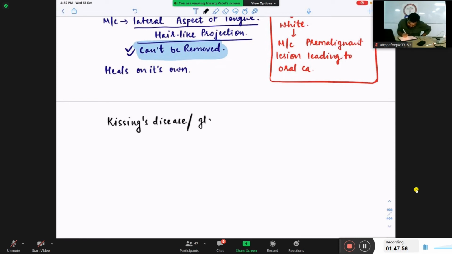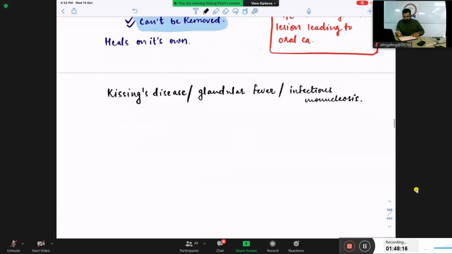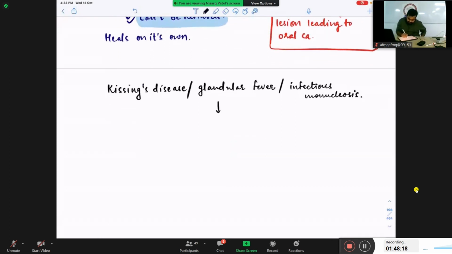It is also known as glandular fever or infectious mononucleosis. So they commonly use these words. It is caused by the Epstein-Barr virus.